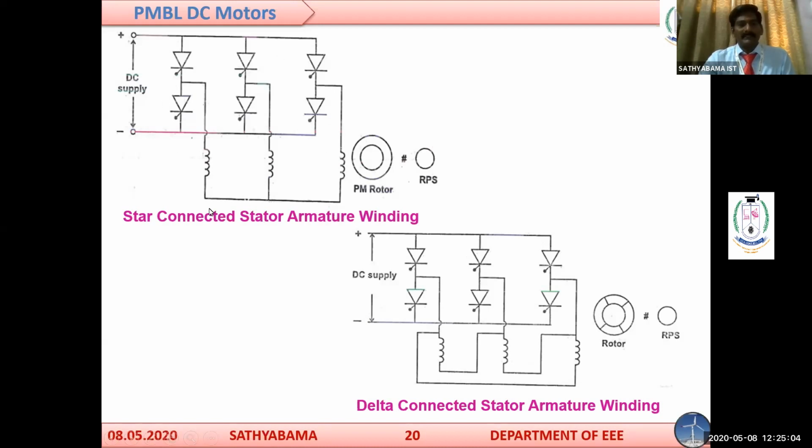This is the star connected armature winding. Similarly for the delta connected armature winding, whether the stator is star or delta connected, we can control it through 6 switches. The rotor has a permanent magnet and contains a rotor position sensor. This sensor gives the signal to the various switching devices when to turn on or turn off.